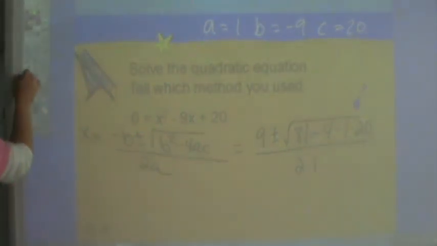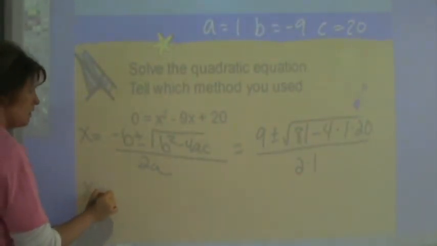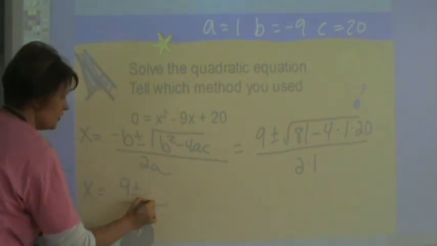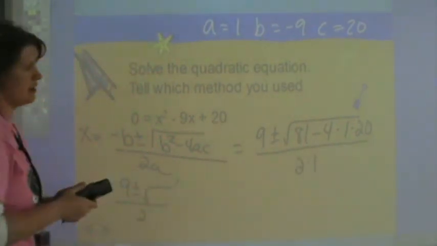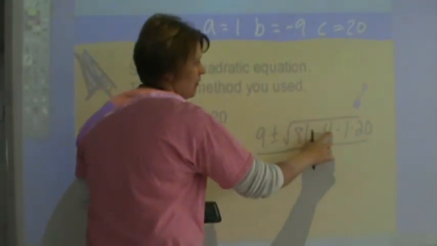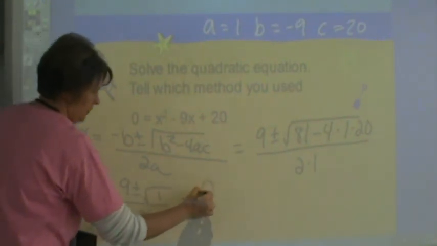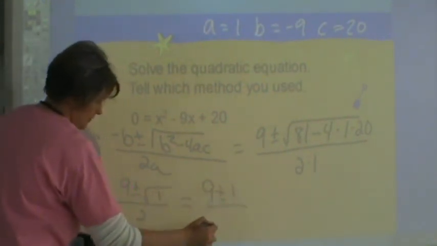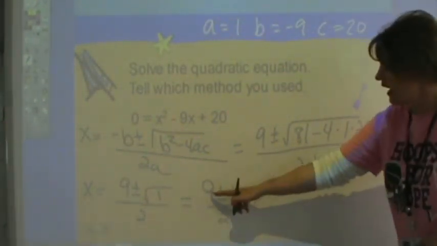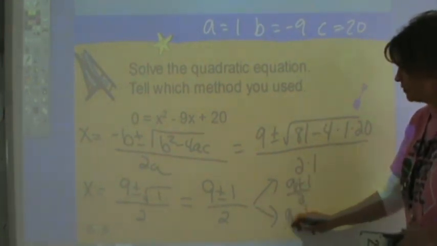So 9 plus or minus, all over 2. Let's simplify. 4 times 20 is 80. 81 minus 80 is 1. What's the square root of 1? Just 1. Here's the splitting again: 9 plus 1 divided by 2, and 9 minus 1 divided by 2.